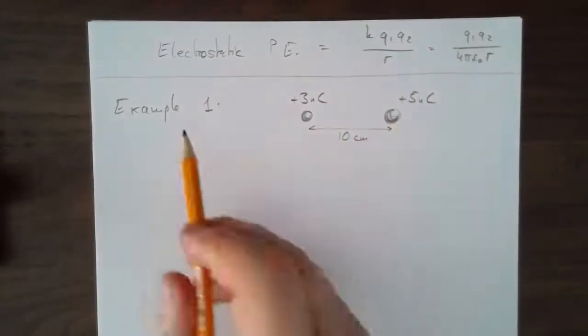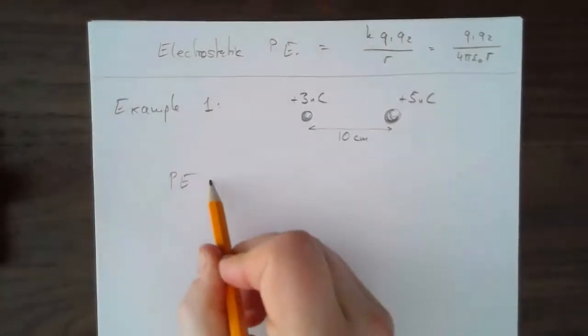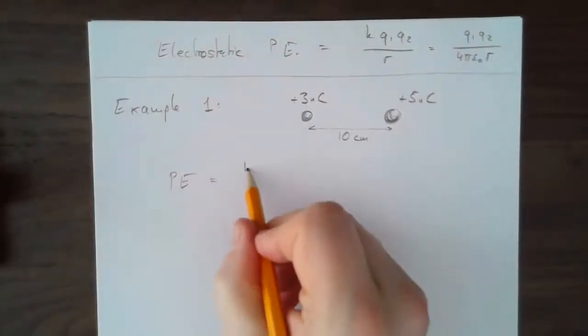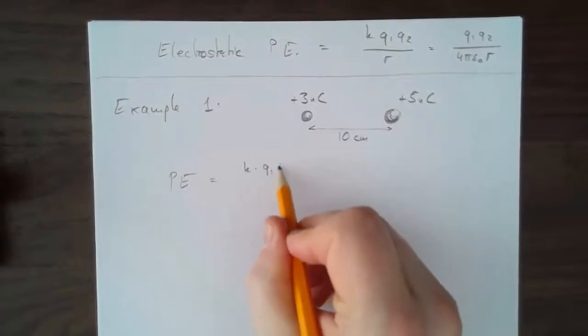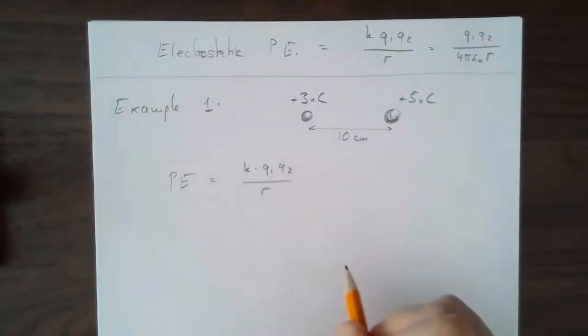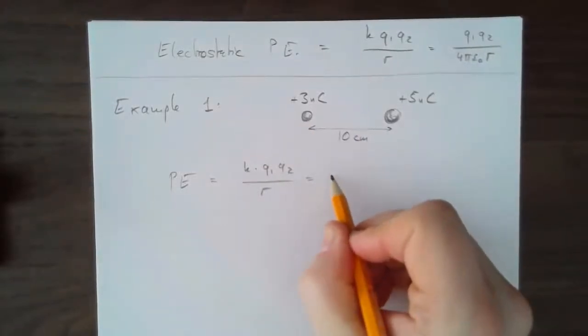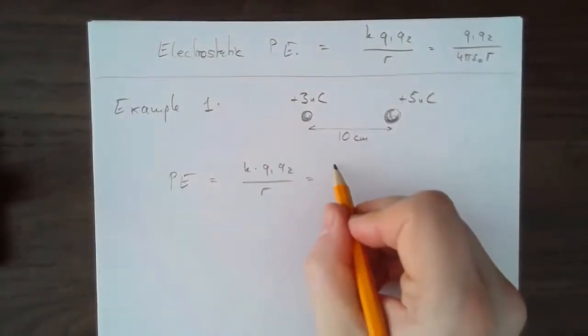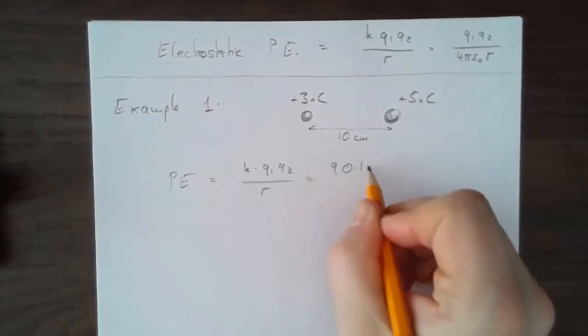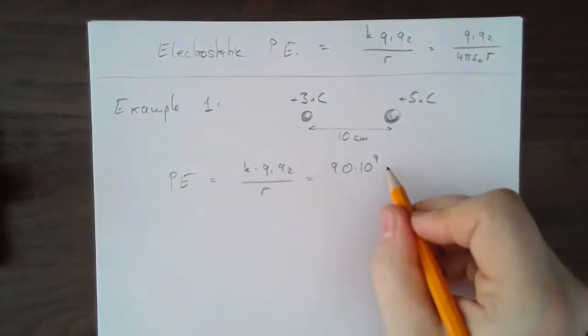So let's work that out. And really we're just plugging in. I have k times q1 times q2 over r, and I have to make sure I use all the right units. So k is 8.99 times 10 to the 9. I'm going to use 9.0 times 10 to the 9.